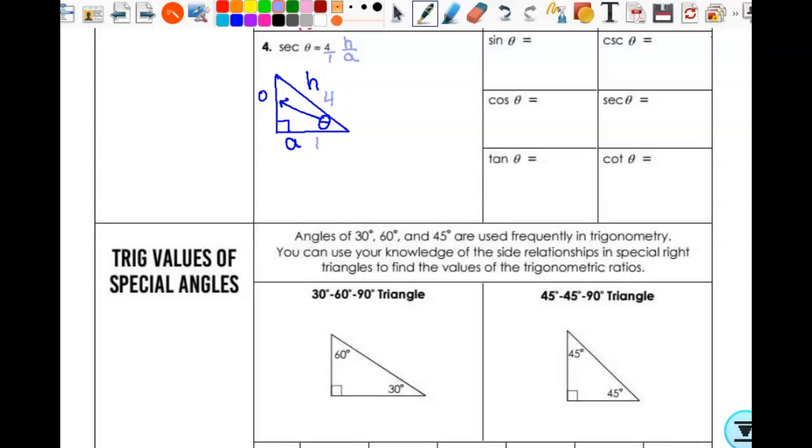And then I need to do Pythagorean theorem again. So I'm going to get 1 squared plus opposite squared. It looks like 0. We just need to know it's not 0. Equals 4 squared. So 4 squared is 16, so the opposite squared is 16 minus 1, which is 15. So the opposite side is the square root of 15.